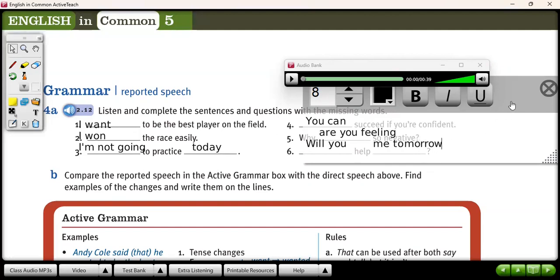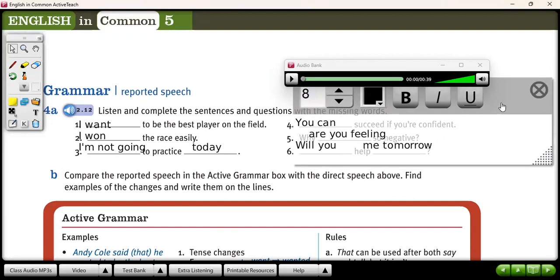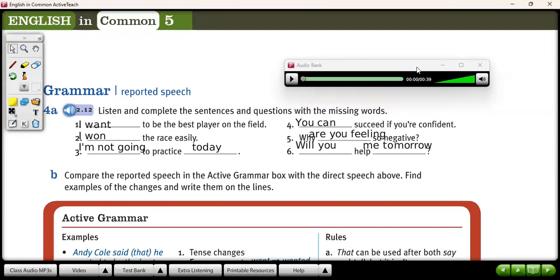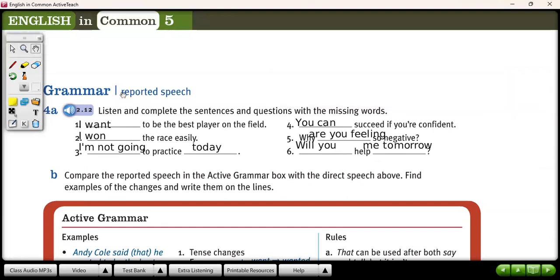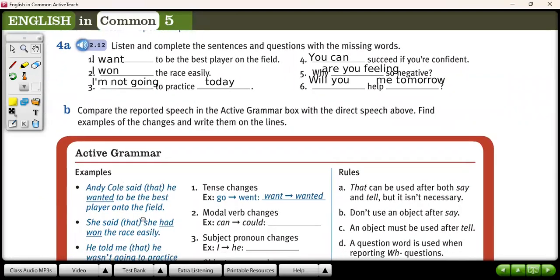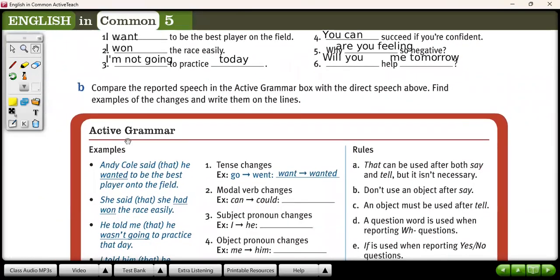Okay, now let's use these sentences in the reported speech. So here we have in the activity grammar box the reporting speech of this statement. So let's compare the direct speech with the reported speech.